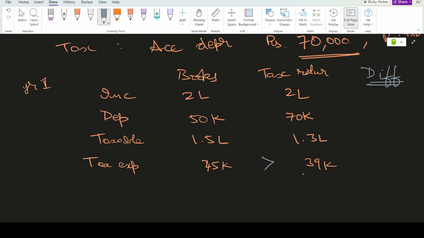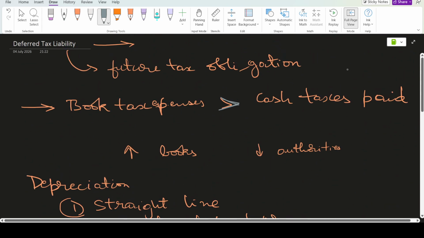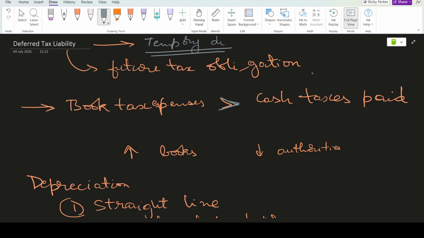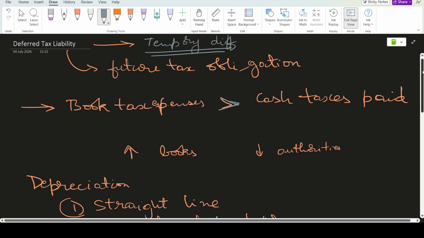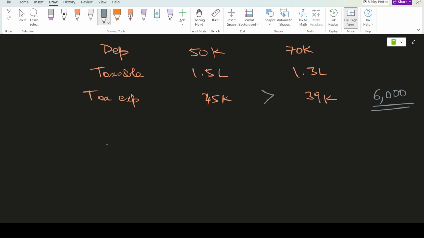So you are creating a difference of 6,000 rupees in year one. But this is a temporary difference. Why is it a temporary difference? Because the incomes and expenses are recognized differently. That is all that is happening here, but it has to equate in the end.